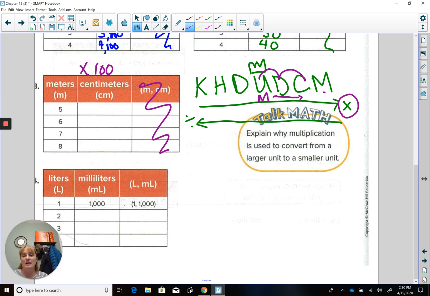Okay, I want you to go ahead and write this down on a scratch piece of paper, what your answers will be from meters to centimeters. Okay, we're going to go through this.